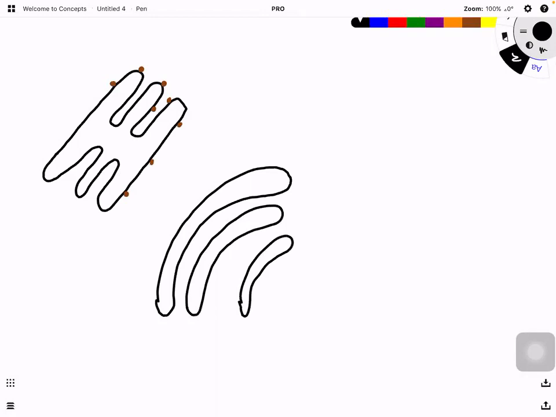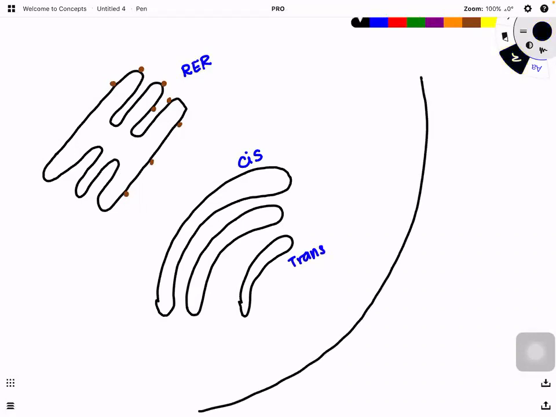So basically the cis face faces the rough ER. So this is the rough ER, and the trans face is facing what? Facing the cell membrane. This is the cell membrane or plasma membrane.